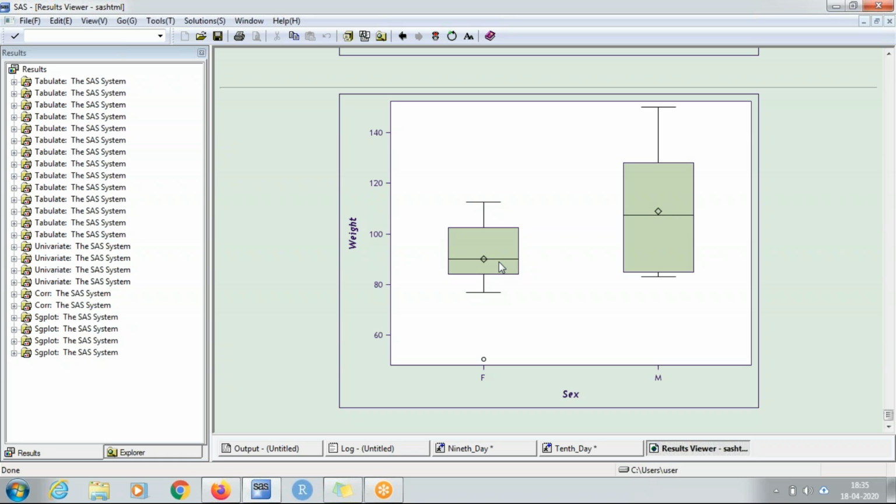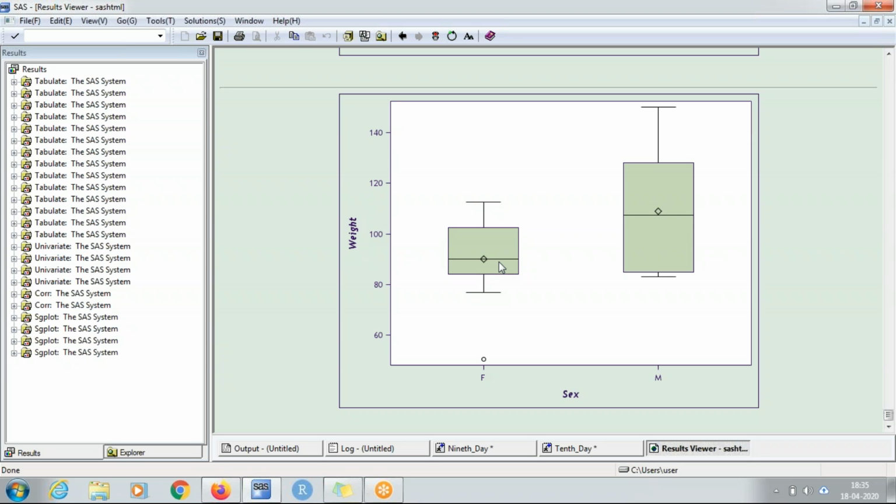Yes, now you are right. And the difference between Q3 minus Q1 is known as IQR, the interquartile range.